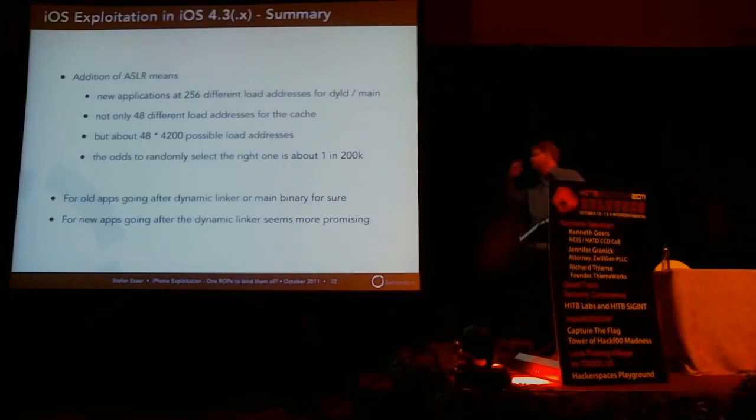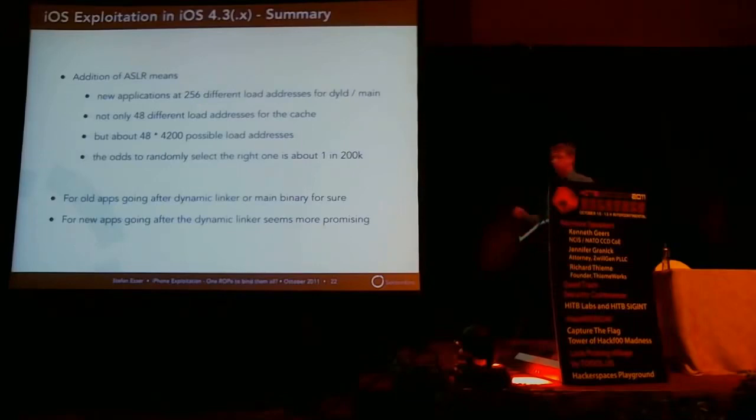Oh yeah, no. Okay, the number 48 is, of course, all the old firmwares that don't have ASLR, so there are only 48 different firmwares that have the capability to have ASLR. So for this firmware, you don't have 48 different load addresses for a library, but because of ASLR, you have 48 times 4,200 different load addresses.